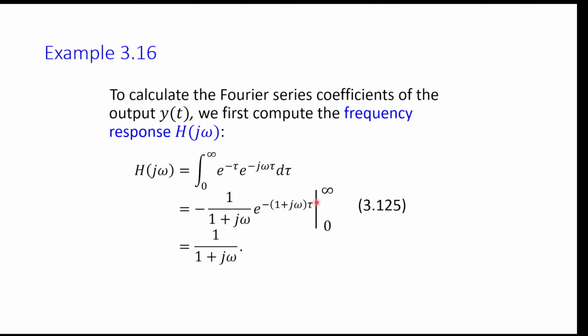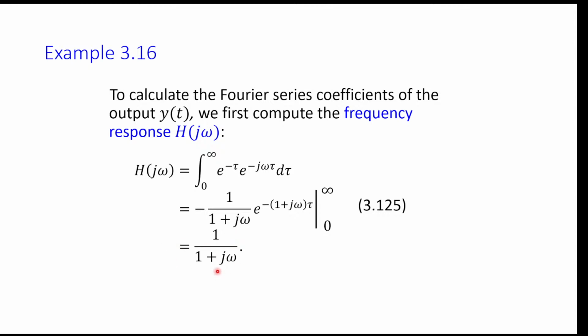When tau equals infinity, this thing becomes 0 because it's an exponential decay function with a negative real part. So at infinity this is 0, and at 0 this is 1 because e to the minus 0 equals 1. So this is subtracted by its lower bound, so it's minus 1. So in the end you get 1 over (1 plus j omega).